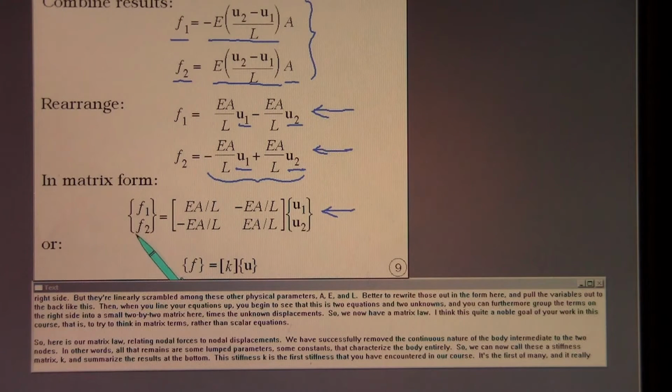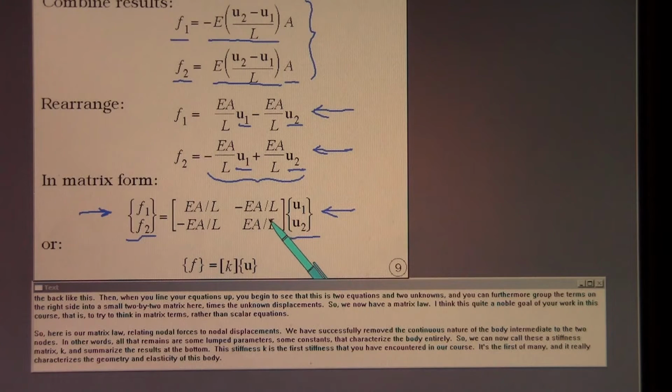So here is our matrix law relating nodal forces to nodal displacements, and we have successfully removed the continuous nature of the body intermediate to the two nodes. In other words, all that remains are some lumped parameters, in other words, some constants that characterize the body entirely.